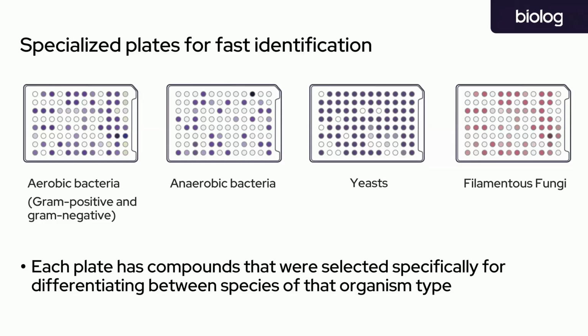So in each well, if the organism is able to use the substrate that's in there and grow or be metabolically active, then the dye will change color and get darker. And in wells where there are inhibitors, like perhaps salt or an antibiotic, if the organism can survive in the presence of that inhibitor, you will also see the well change color.